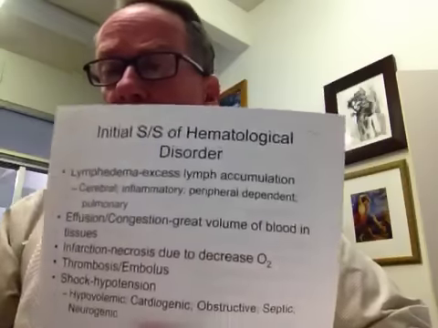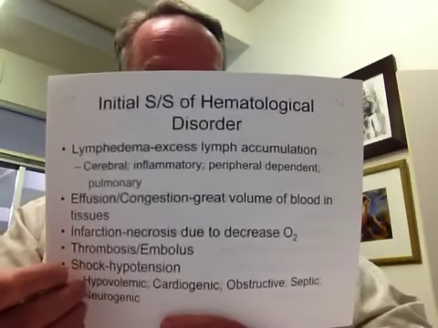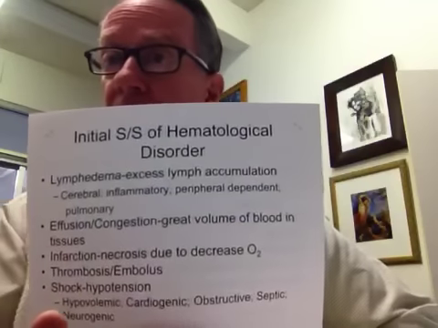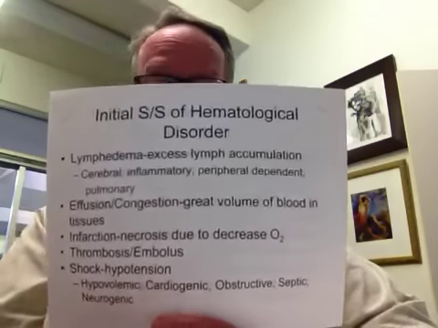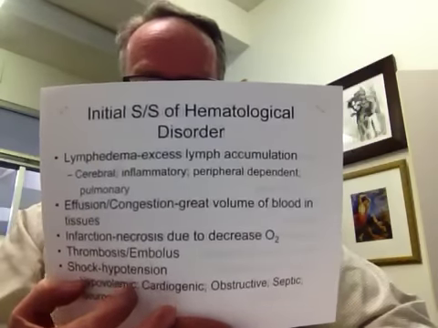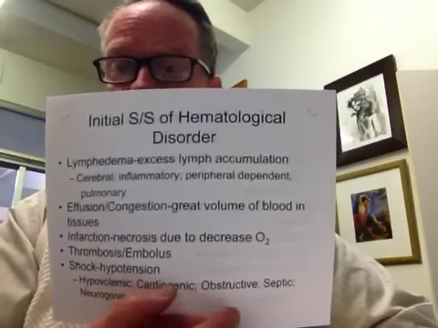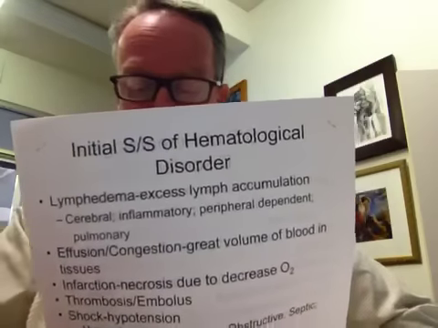And then another symptom, I should say sign, is shock. And this results in hypotension, and the causes of those are not enough volume, could be cardiac related where blood's not getting circulated. It could be obstructive like in a thrombus or an embolus.